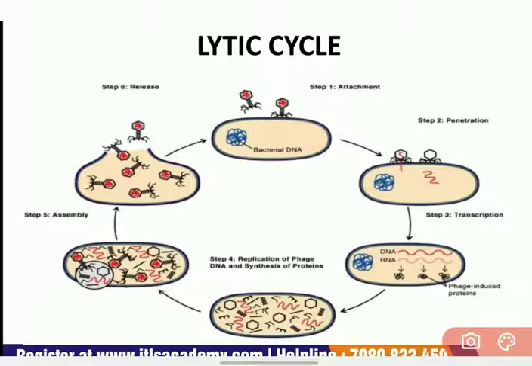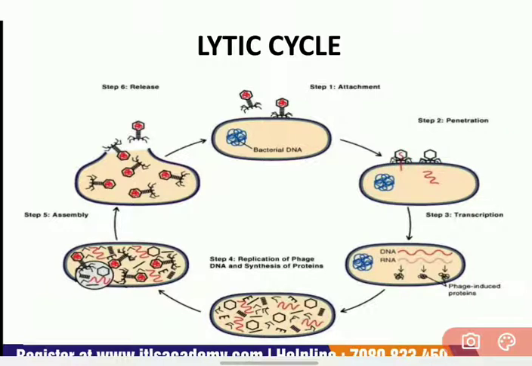Our next point is penetration. Here, the blue color representation is the bacterial DNA. After attachment, the tail is the part that is responsible for the transfer of genetic material.